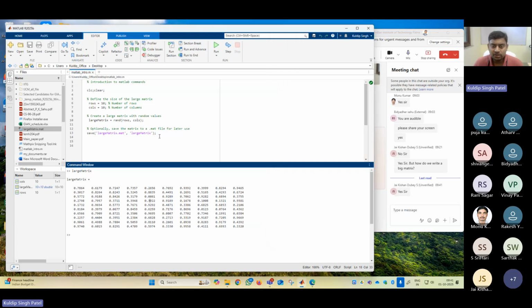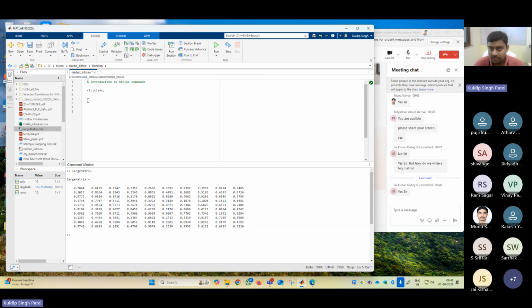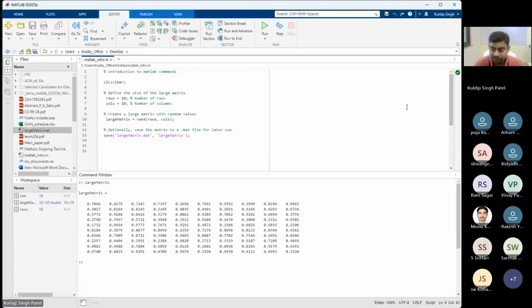Let us quickly do a few more basic commands, and then let me now go to the backward difference formula. Next, we are going to do how to write code for the backward Euler method for the heat equation.